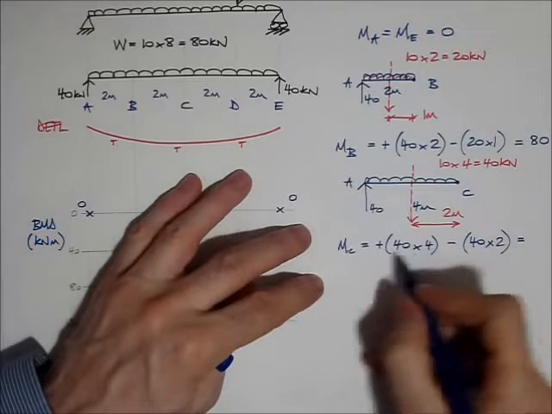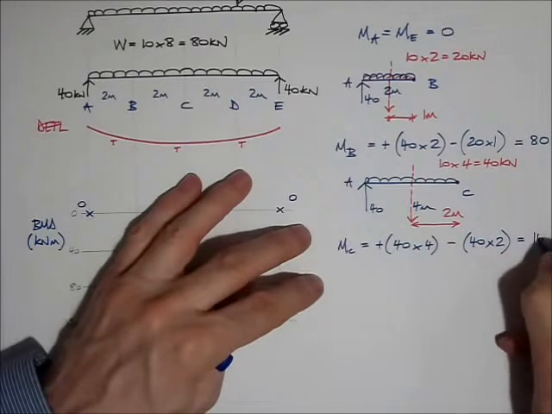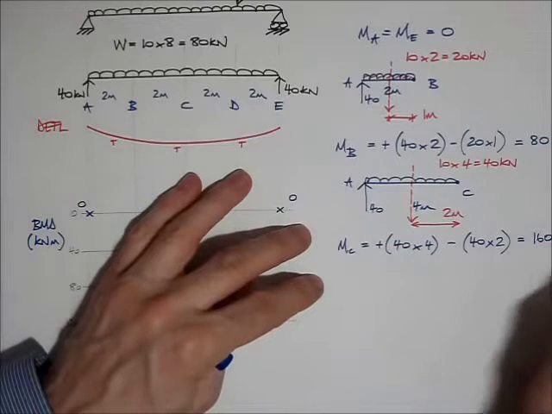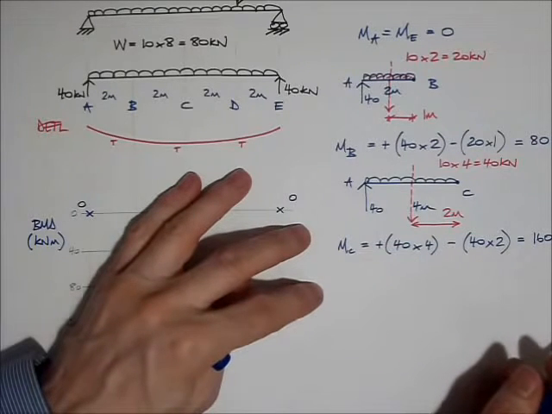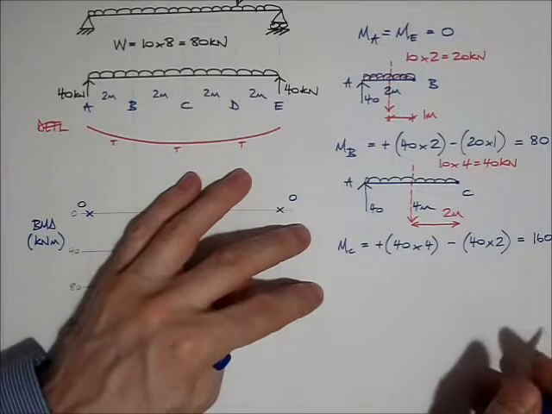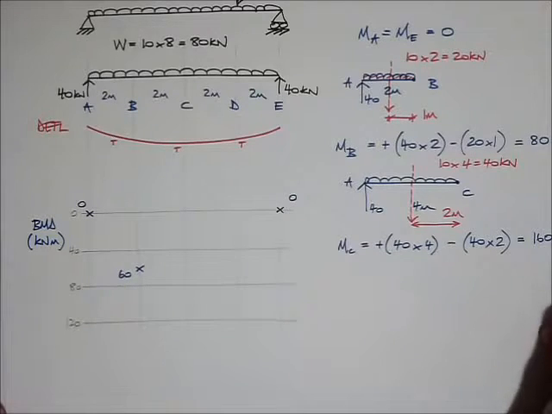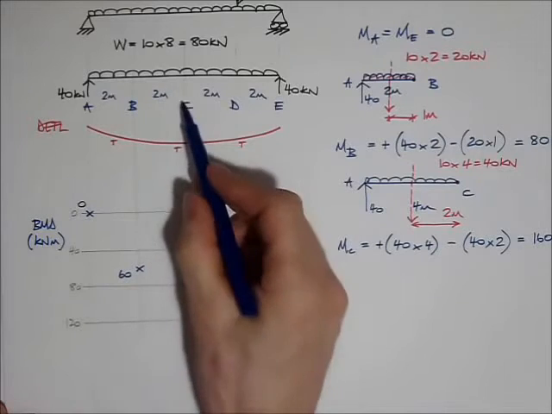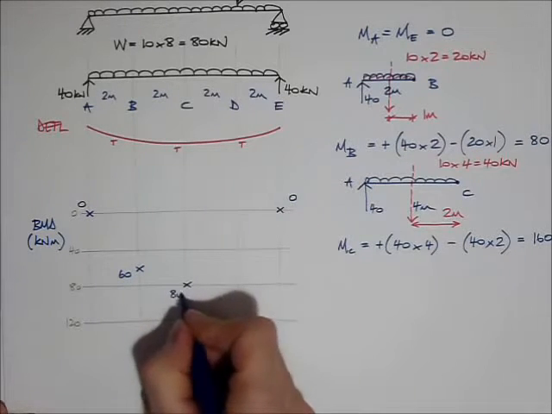So add these two things together, plus 160 minus 80 equals 80 kilonewton meters. Great. Mark this onto my bending moment diagram. At point C, I'm down to 80.